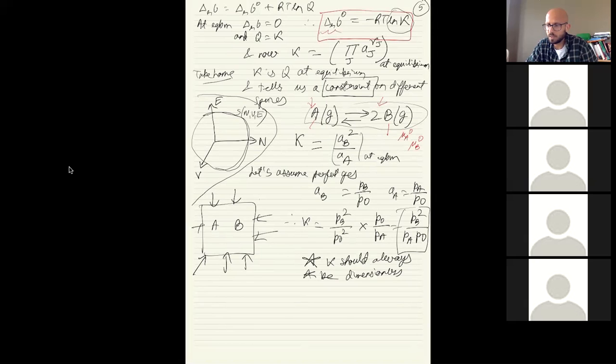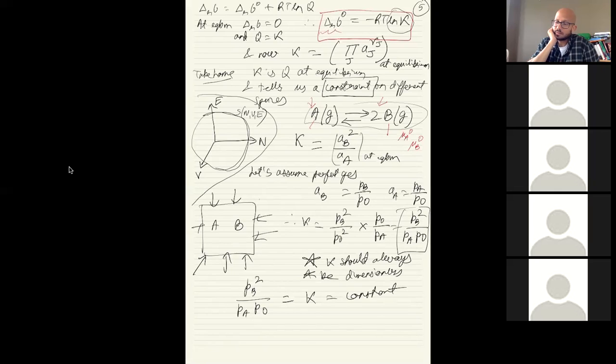That is just going to be, for this reaction, 2 mu B naught minus mu A naught, or something like that. So we can calculate their delta RG naught as a constant. So the equilibrium constant is called constant for a reason, right? At equilibrium, we know that PB square by PA P naught is equal to K, which is equal to constant. It has some value.